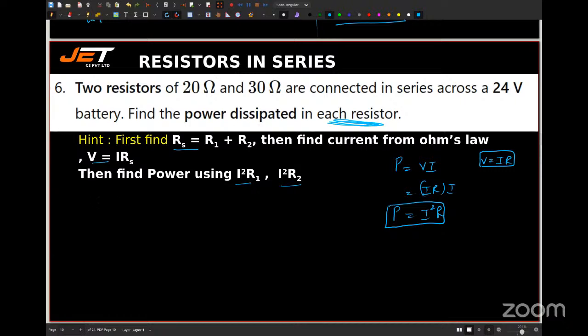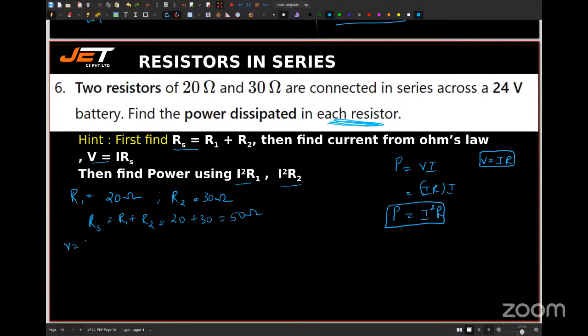Okay. So R1 equals 20 ohms and R2 equals 30 ohms. What will be RS? It will be R1 plus R2, which is 20 plus 30, equal to 50 ohms. Clear? Now we will find the current.